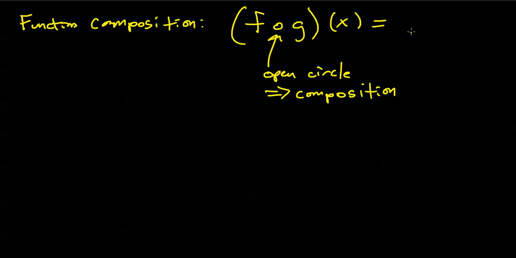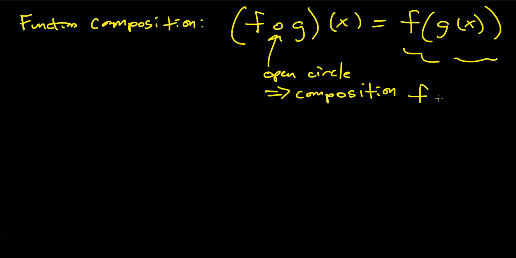All this means is you're taking g of x and using that as the input into your function f of x. So I like to call this f of g of x. Okay? Alright, so composing functions is really layering functions.